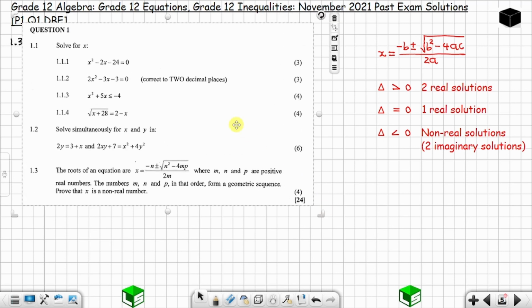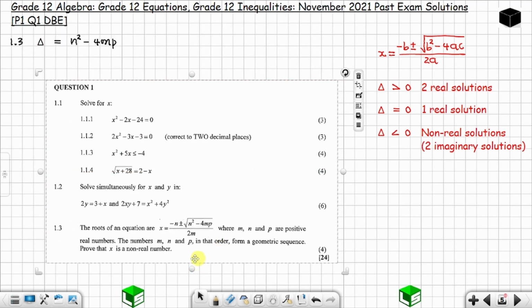This question is saying that you have to prove that x is a non-real number. For x to be a non-real number, delta, or the discriminant, n squared minus 4mp, must be less than 0. So let's see if this n squared minus 4mp is less than 0.